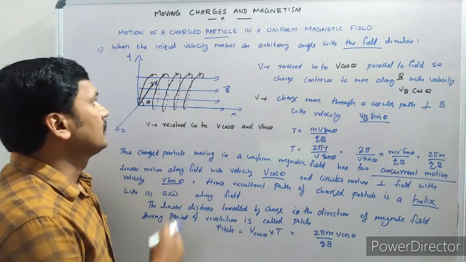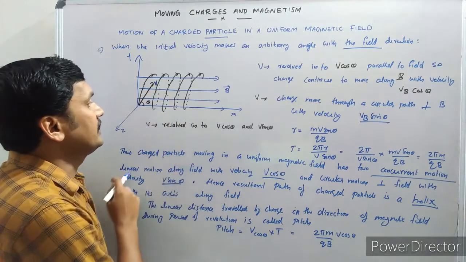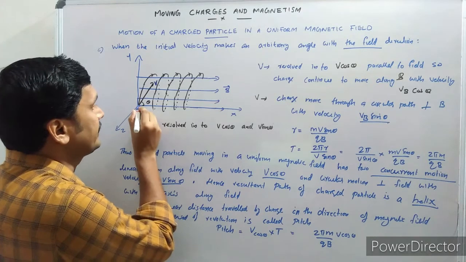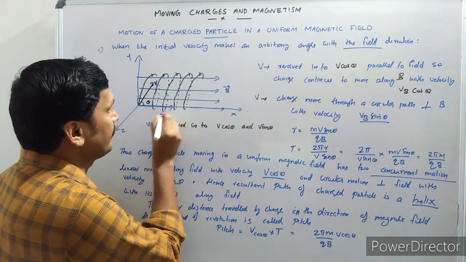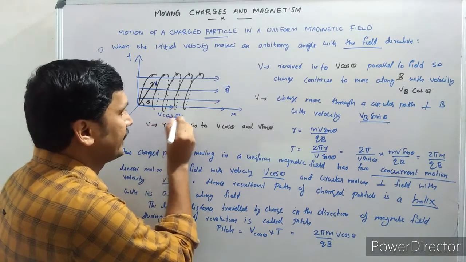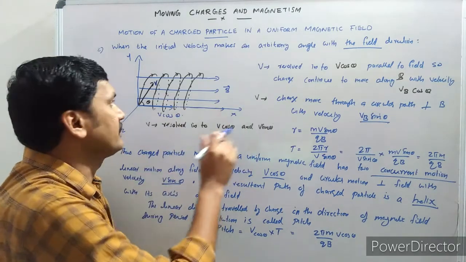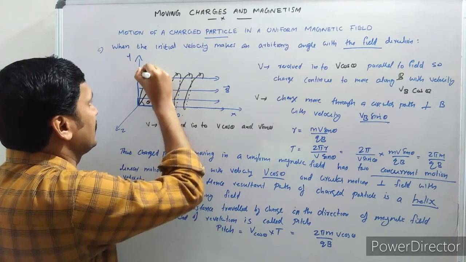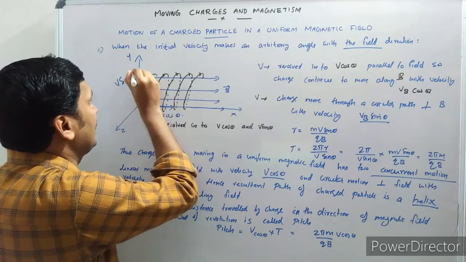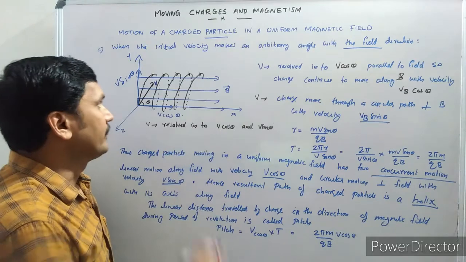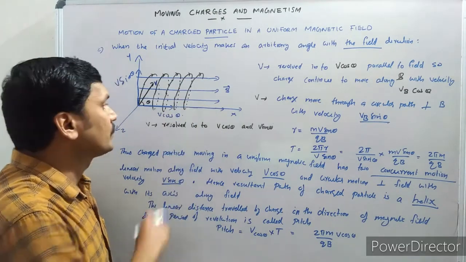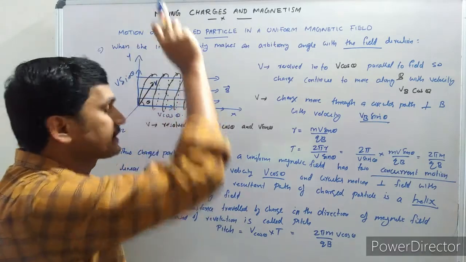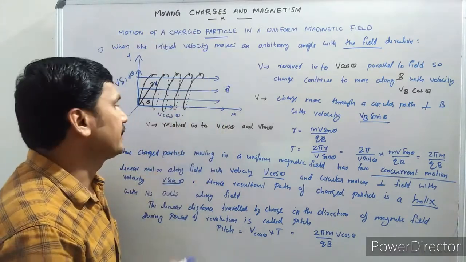Now you can see we can resolve the velocity into two components, a horizontal and a vertical component. That is v cos theta along the direction of the magnetic field, and v sin theta, which is perpendicular to the direction of the magnetic field.